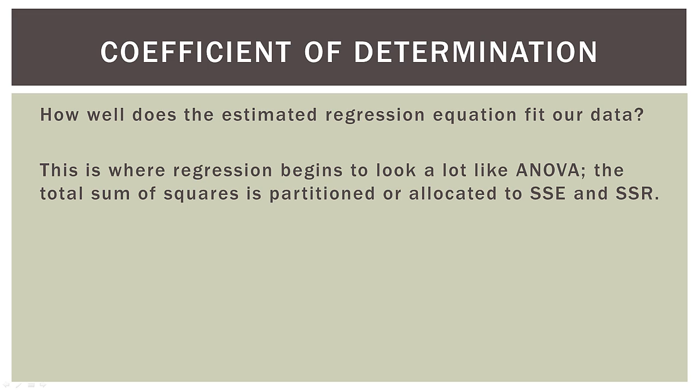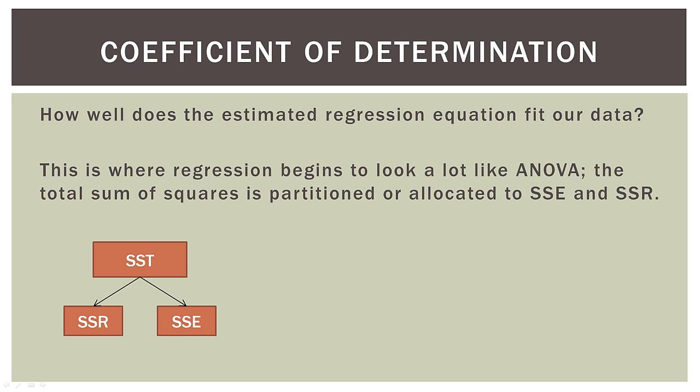And hopefully at some point I'll do a separate video on the relationship between regression and ANOVA. But it's all about allocating or partitioning the total sum of squares into two or more things, in this case, SSE and SSR. So the total sum of squares is split. Some of it goes to SSR, some of it goes to SSE.